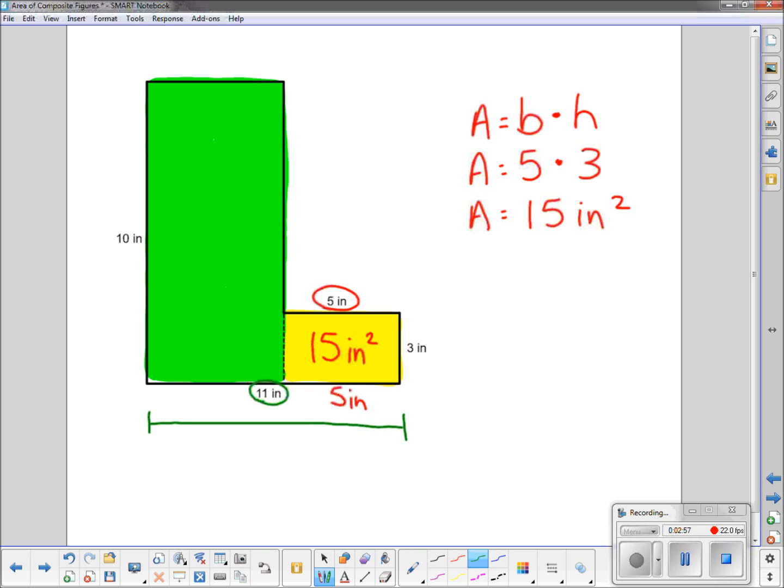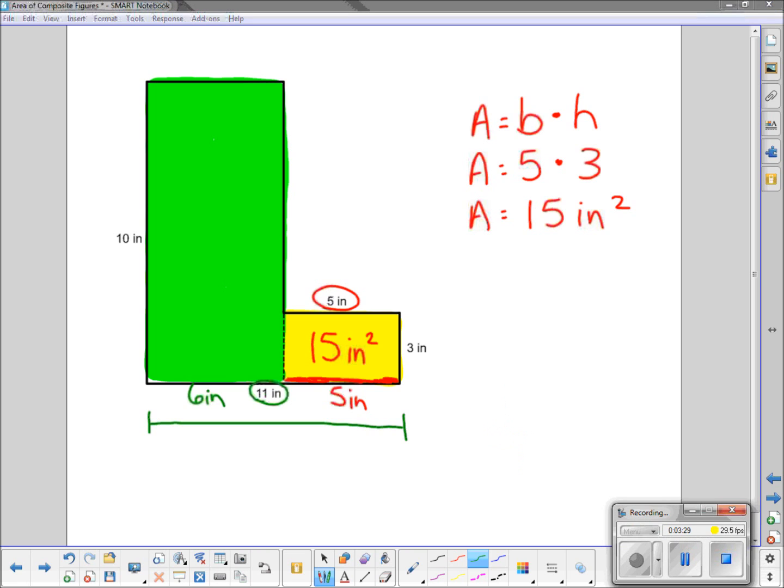Since I know that 5 inches of those 11 inches are used with this yellow rectangle, I'm going to have to subtract 11 minus 5 to figure out what's left for the green rectangle. That means I'll have 6 inches left for the green rectangle. 6 inches plus 5 inches gives me the total distance of 11 inches.